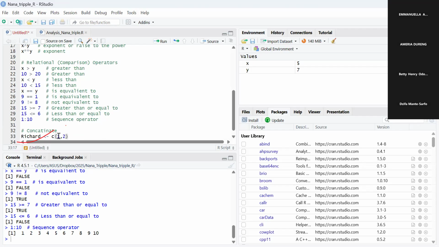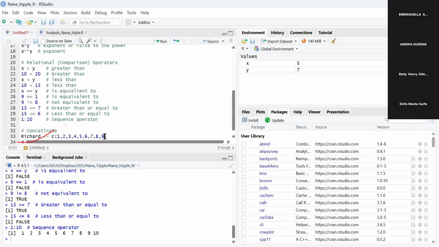Let's make it 2. I can even make it 1, 2, 3, 4, 5, 6, 7, 8, and 9. Something like this. I'm saying that all these numbers, call it Richard.